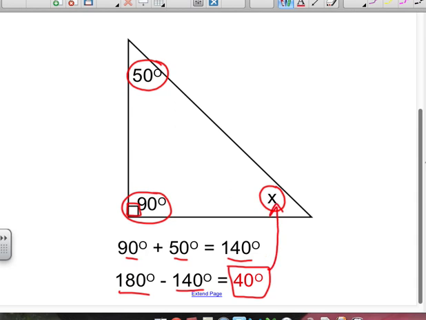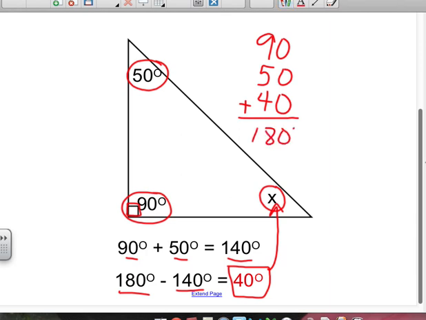So, if I go back and add 90 plus 50 plus another 40, that had better sum up to 180 degrees, because there are 180 degrees inside every triangle. That's going to be really crucial to remember as you're progressing through this lesson.